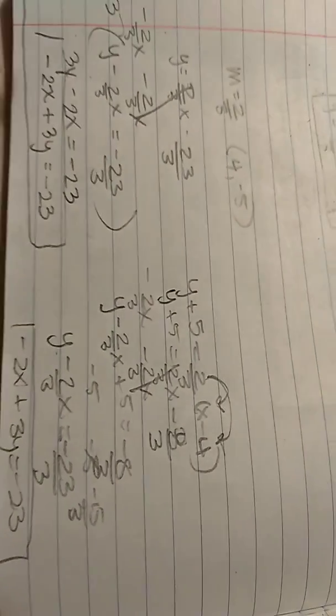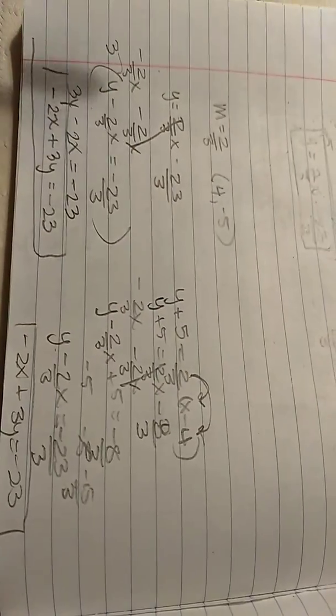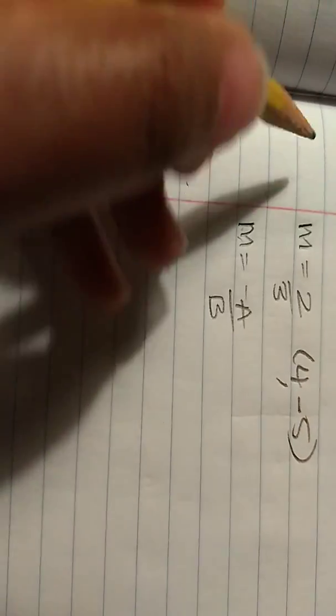Last but not least, there's a way to skip both of these and just jump right into the nitty-gritty. So let's see how we do that. If m equals 2/3 and I have a point of (4, negative 5). Remember, the slope of standard form is negative A over B. So if I have 2/3, then the A must have been negative 2 and the B must have been 3.